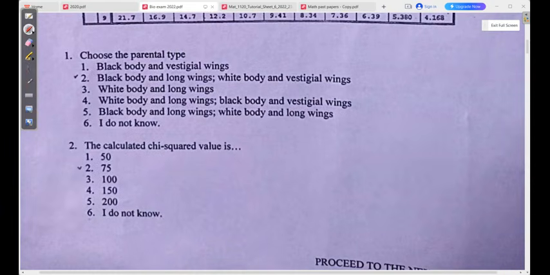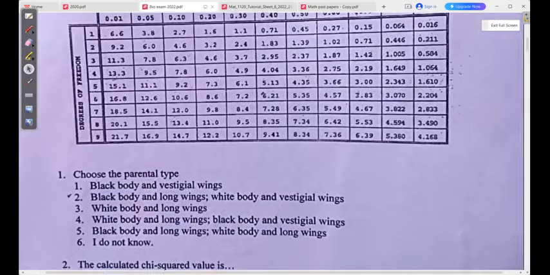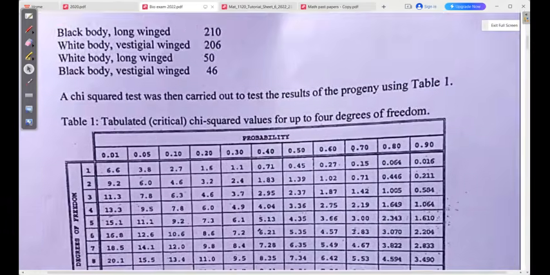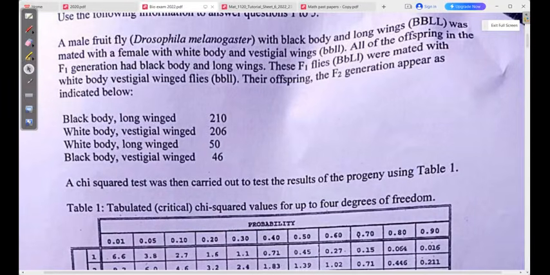There are 5 questions attached to these calculations. So question 1 is saying choose the parental type. So the parental type, there's nothing like thinking in this case, guys, or you getting this question wrong. No, there's no need of you thinking. Just come back here. What was the cross?